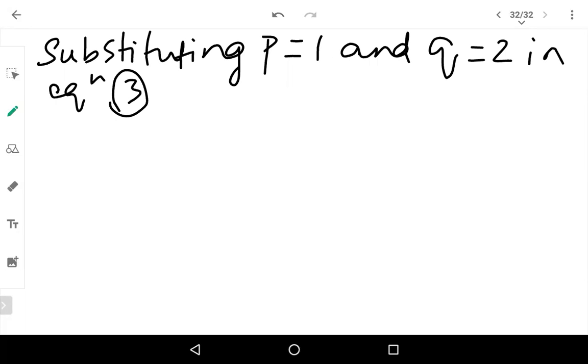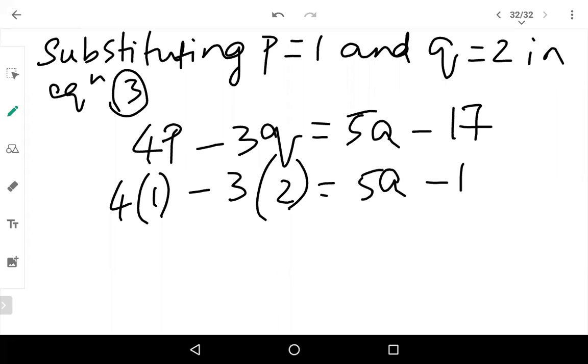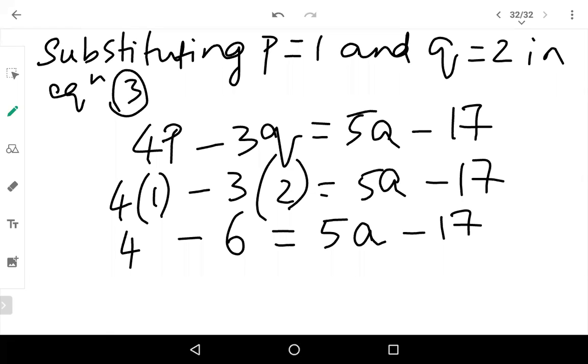What is equation 3? 4p minus 3q is equal to 5a minus 17. 4 into 1 minus 3 into 2 is equal to 5a minus 17. 4 ones are 4, 3 twos are 6, is equal to 5a minus 17. So 4 minus 6 is minus 2 is equal to 5a minus 17.